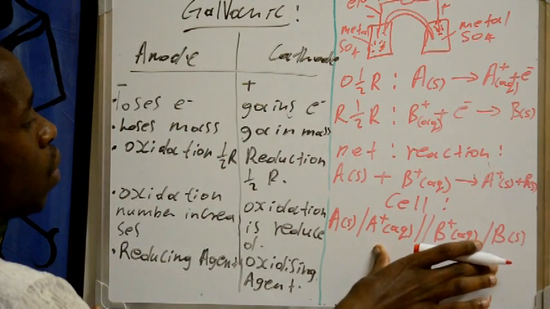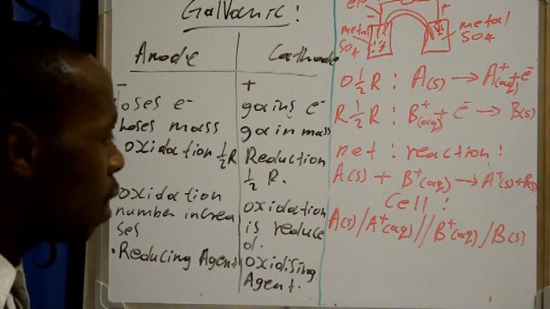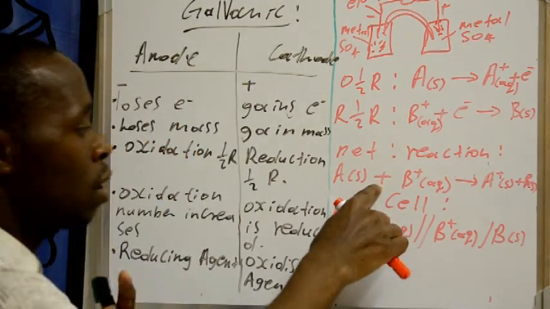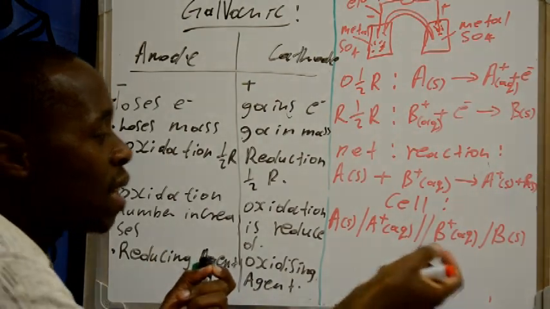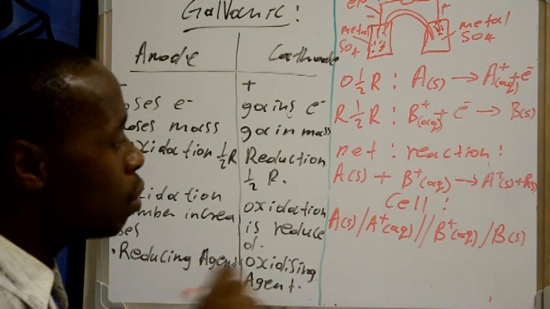So even from this you can see the reaction. What you must know when moving from cell notation to the reaction is to extract the anode and the cathode from this.